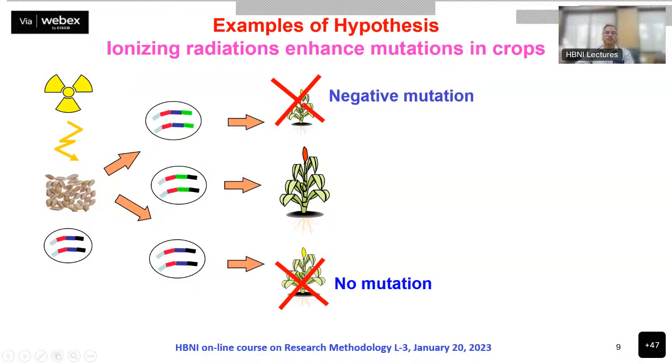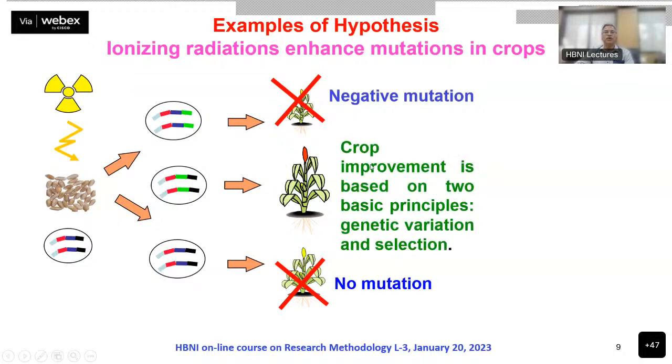You observe the plant. In terms of the height, you can say this plant shows negative mutation, meaning the height is reduced. And if your purpose is to increase the height, here there is no effect on the height or the quality of the seed, whereas here the height is good, the seed quality is good.